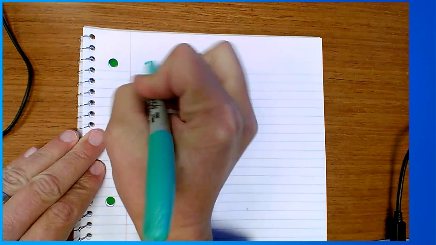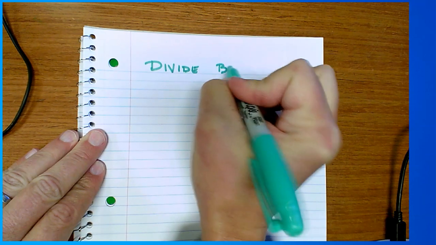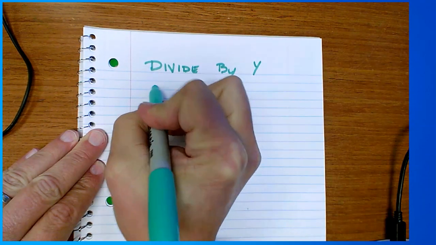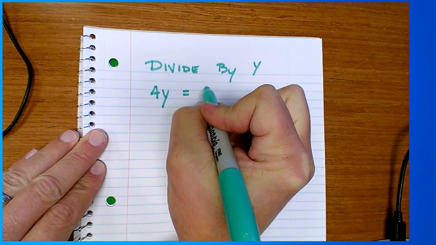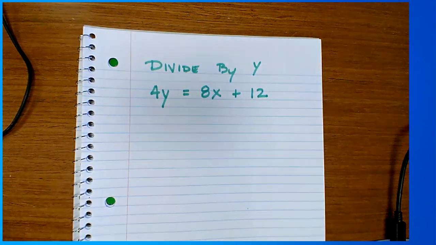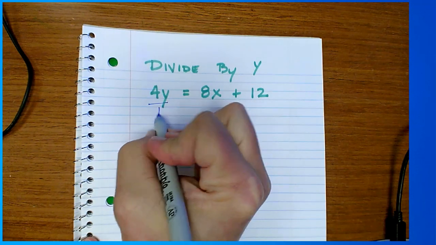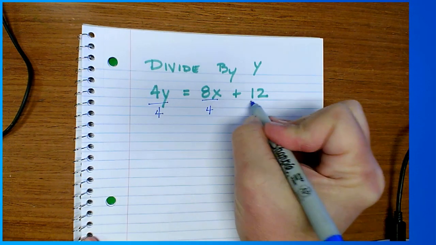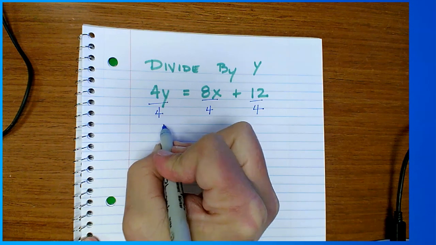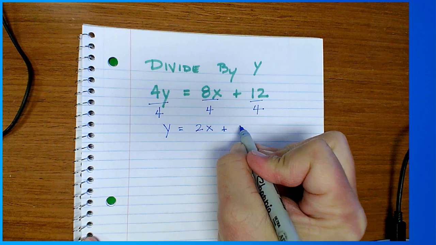After moving the x, if I have 4y equals 8x plus 12, I divide everything by the y term. So I'm going to go divided by 4, divided by 4, divided by 4. That gives me y equals 2x plus 3.